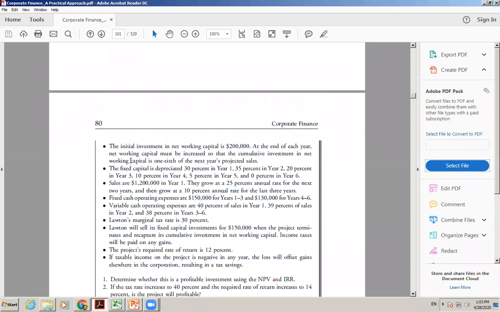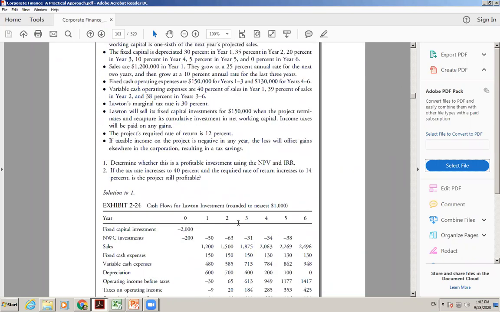At the end of each year, the net working capital must be increased so that the cumulative investment in net working capital is a fraction of the next year's projected sales. Cumulative means that you accumulate all the net working capital investments.